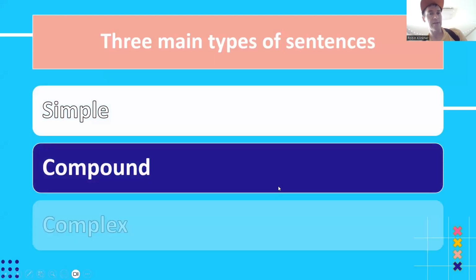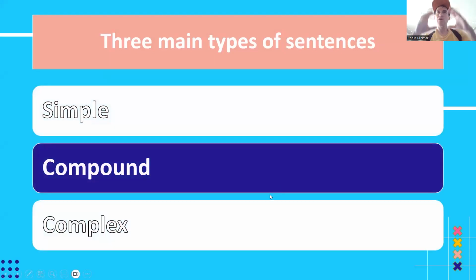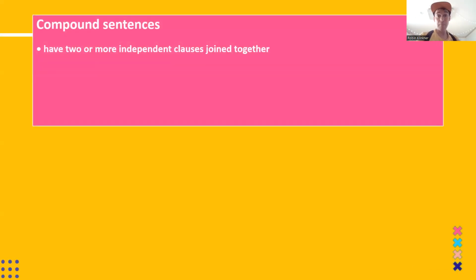Compound. So like I said, what compound means is to combine two things. A, B, together, combining them. All right. So what is a compound sentence? Well, a compound sentence has 2 or more independent clauses joined together. What is an independent clause?